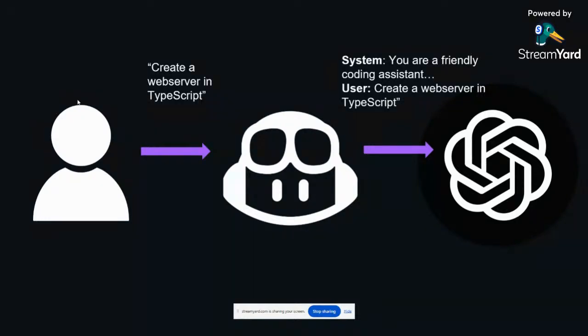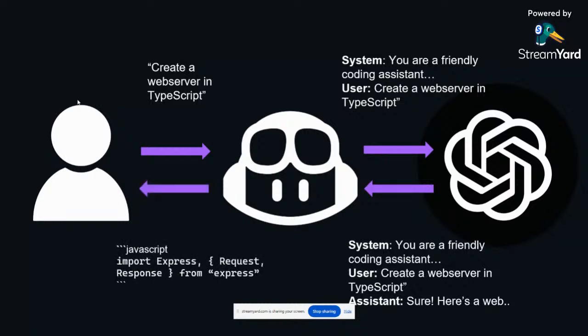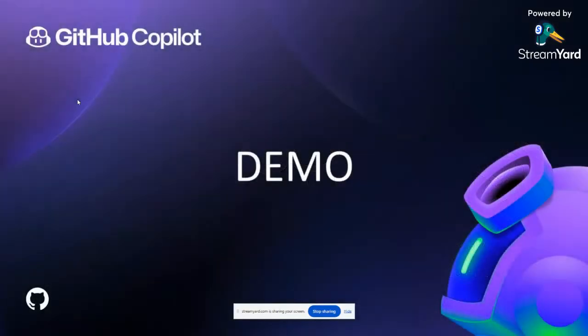In Copilot, it chooses the right model, GPT 3.5 or 4, gets the response from the GPT model, and gives the response to us. So this is the flow of how Copilot works. And I'm going to show some demo of how to effectively use Copilot.